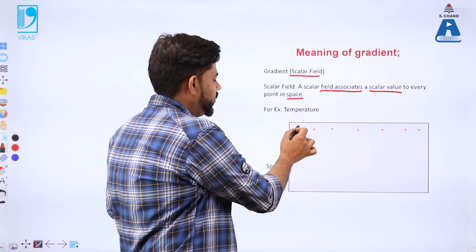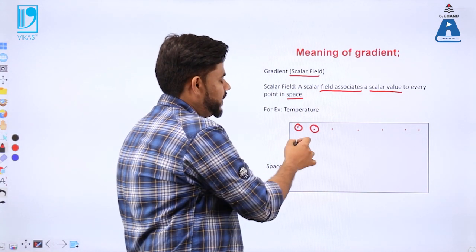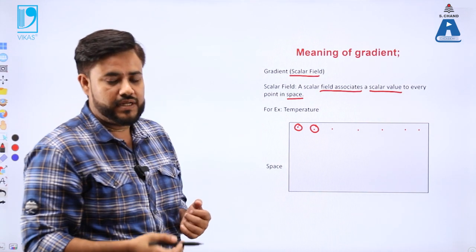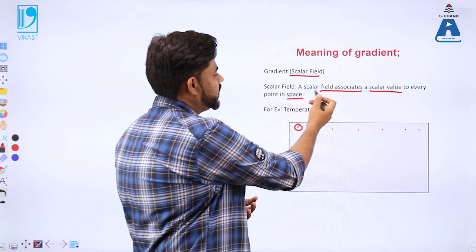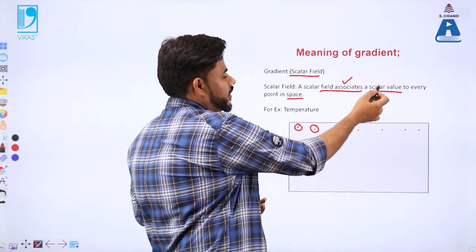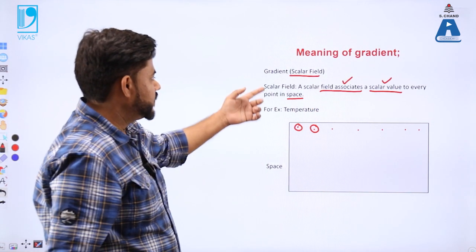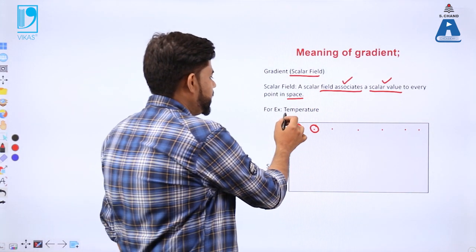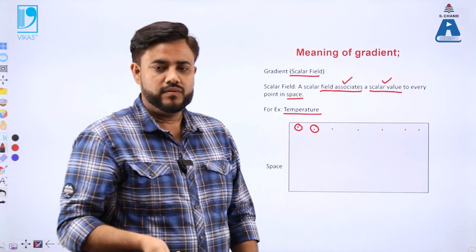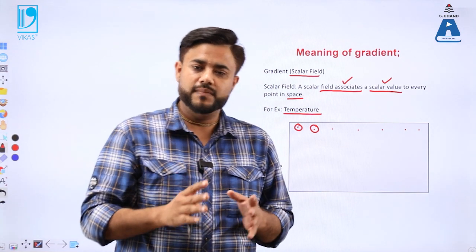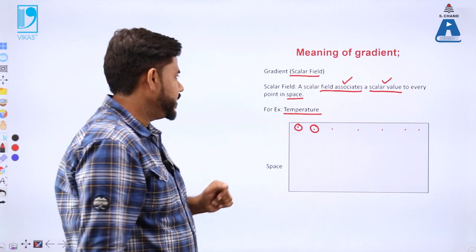Let's say at a particular point I have a temperature of 18 degrees Celsius, and at a different location I have 18.2 degrees Celsius. So a scalar field associates a scalar value to every point in space. An example is temperature. Temperature is a scalar quantity which has a fixed magnitude.